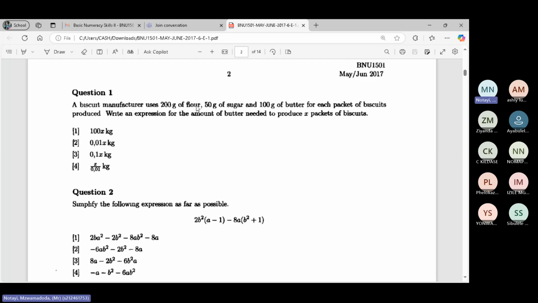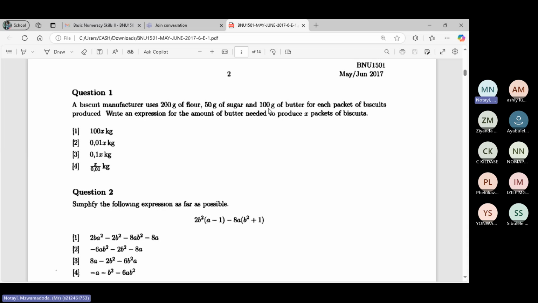I've just given you the answer for the amount of butter needed to produce X packets. So I want you to write the expression for the amount of flour needed to produce X packets of biscuits, in kilograms as well. I've just given you that conversion from grams to kilograms: you divide by 1000.